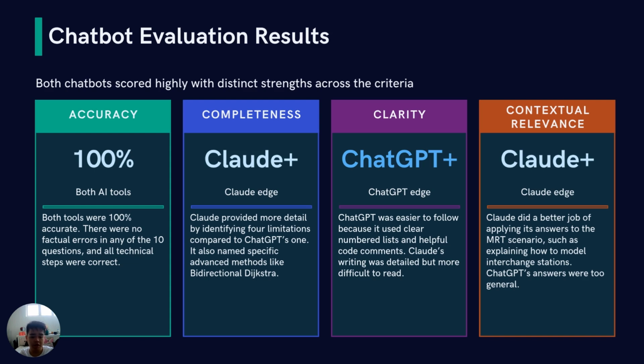Claude's writing was detailed but difficult to read. In terms of contextual relevance, Claude did a better job of applying its answers to the MRT scenario, such as explaining how to model interchange stations. ChatGPT's answers were too general.